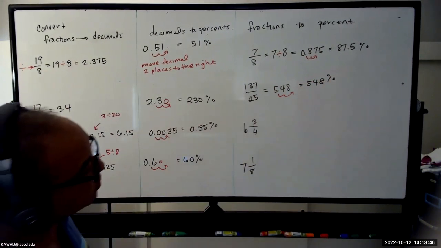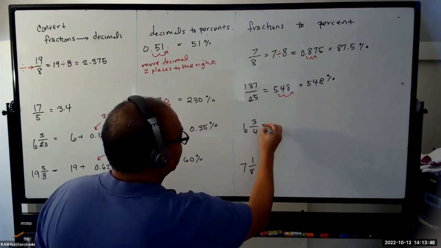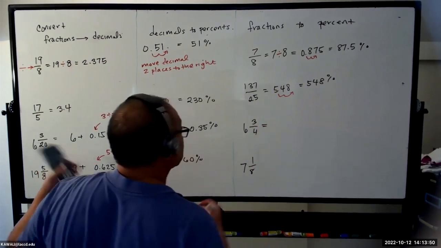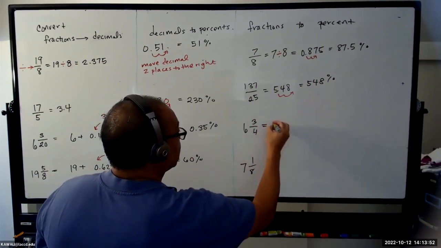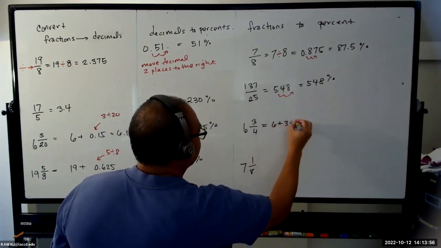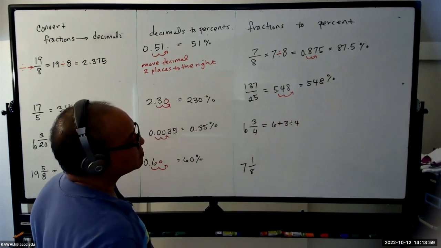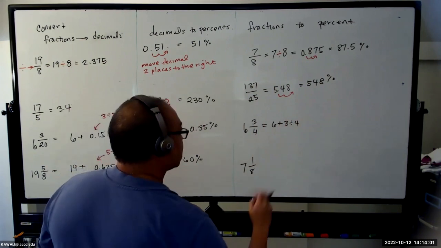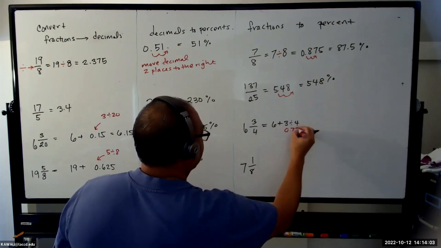Okay. Now this one we're going to do the same way we did it before over here with the mixed numbers. We're going to go 6 plus 3 divided by 4. This is going to give me 0.75.